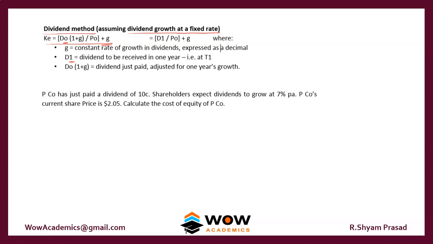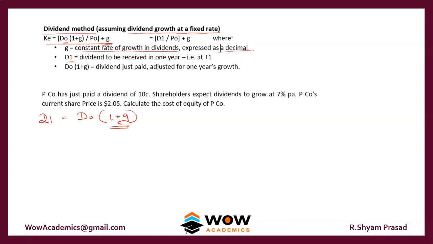So D0, that is the dividend today, into 1 plus G. The dividend is going to grow. The G here refers to the constant growth rate in dividends, expressed as a decimal. If you do this, you will get D1.